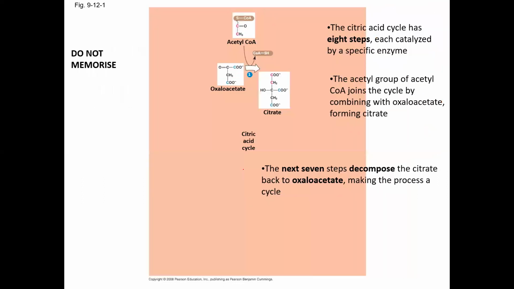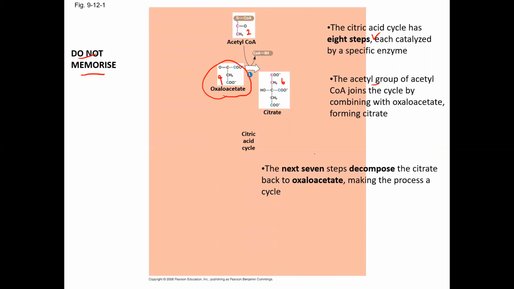Okay, well, this next slide, do not memorize this. I'm only going to go through it once very quickly. 8 steps, okay. Acetyl joins the cycle by combining with oxaloacetate. Okay, that's 4 carbons. That's 2. That's 6.